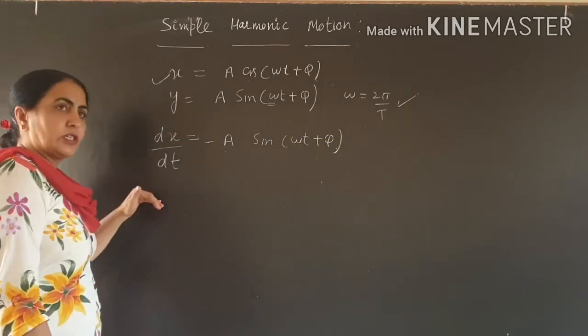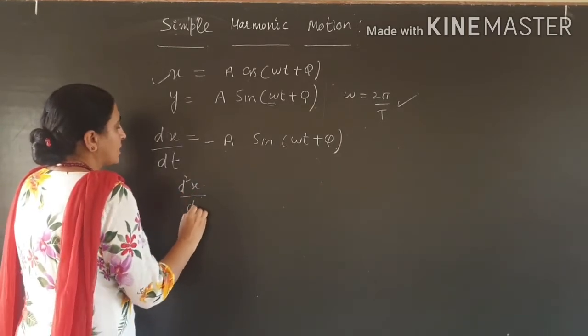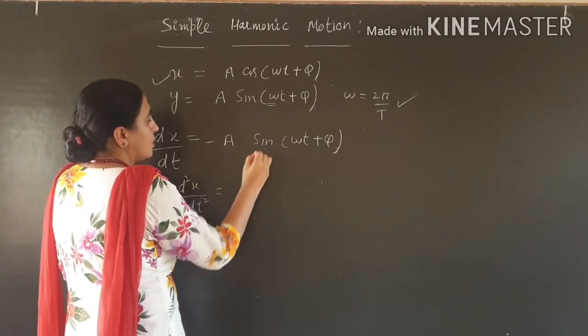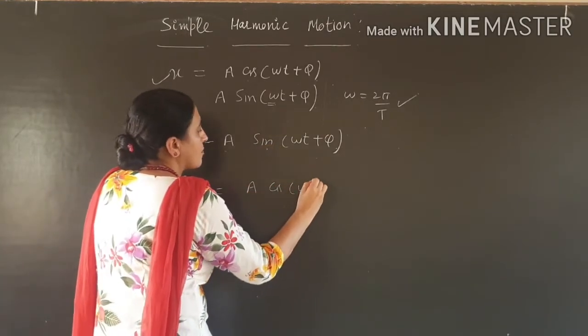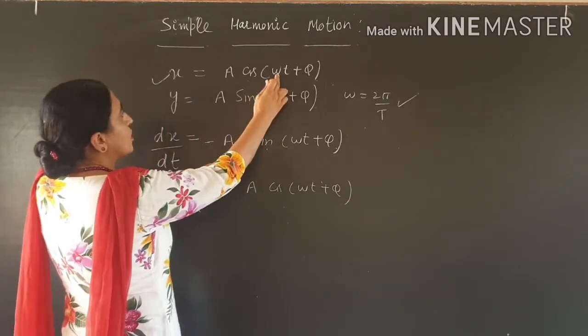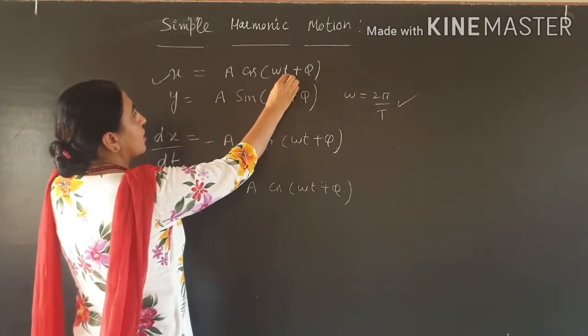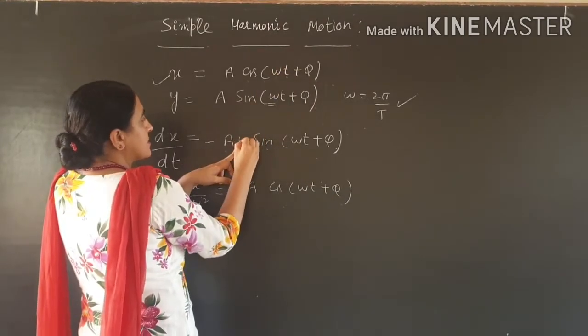Now again differentiate it with respect to t. So what you get, the double derivative of x with respect to t is equal to minus a, derivative of sine is cos of omega t plus phi. Here one omega also comes, because when we differentiate omega t, that is omega, that comes here.